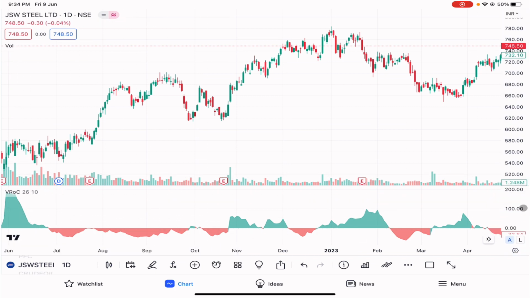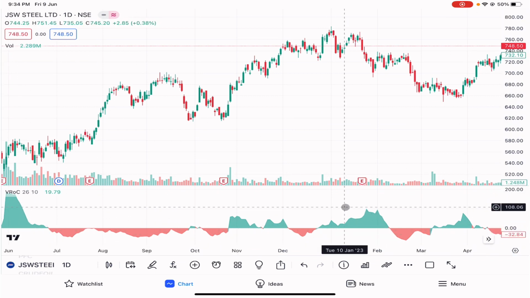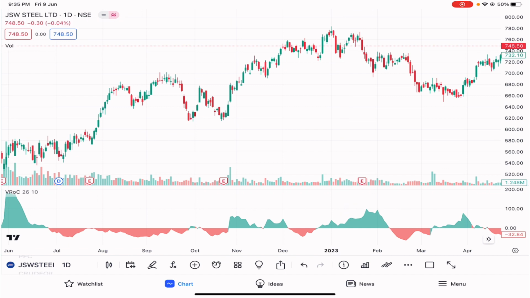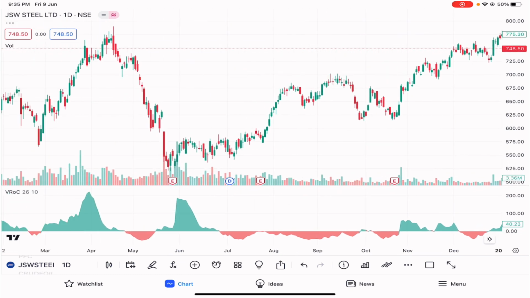This is a volume chart, and this uses only the volume by itself. It does not include the price in it. So what is this? This is basically showing you that this is a very pure indicator. Why is it a pure indicator? Because it is based only on the volume and it does not include the price. So let's see it.